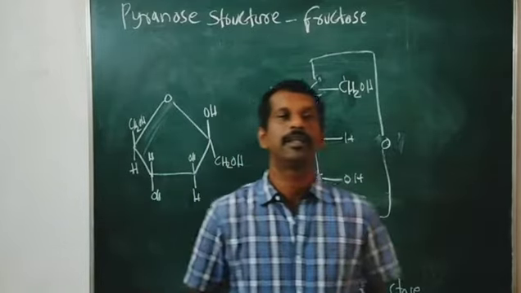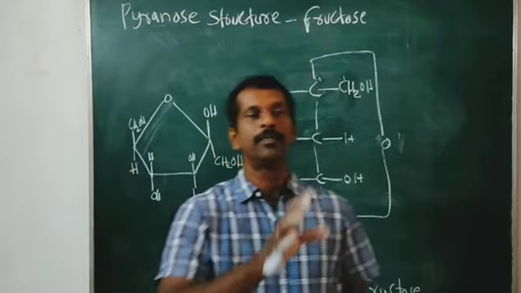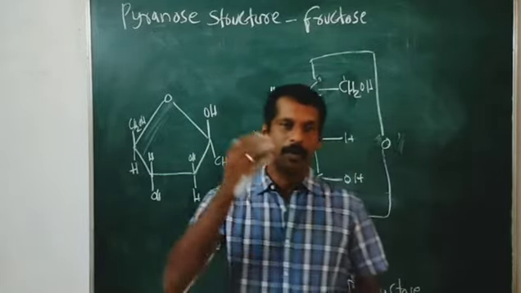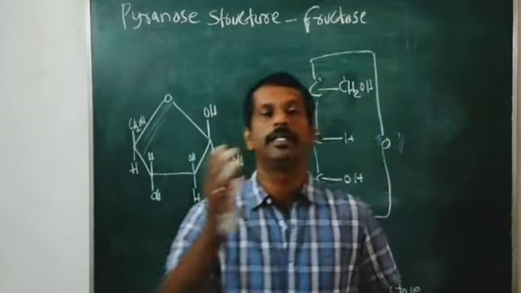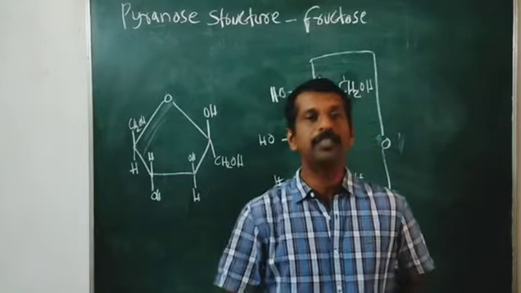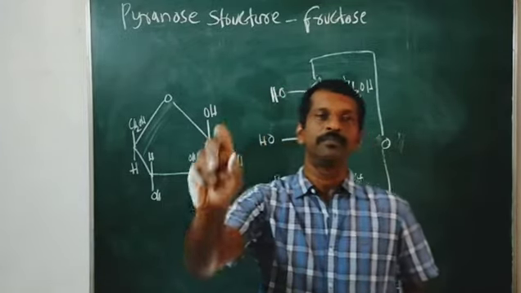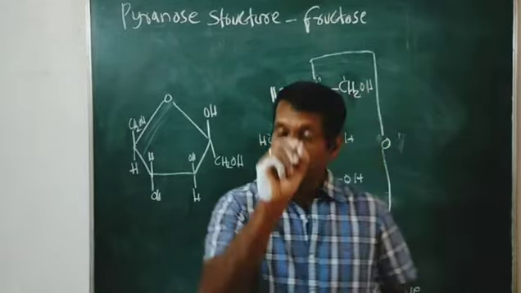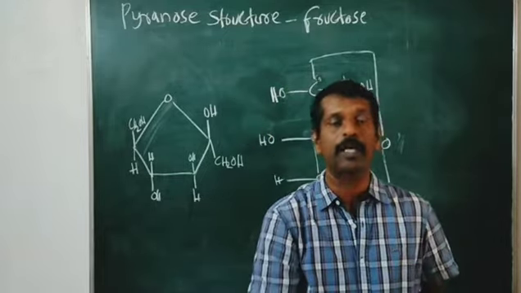Hope you understand what the pyranose structure is. What is the reason for the formation of two isomers, that means alpha and beta? In the open structure, the carbonyl carbon is not a chiral center, it is achiral.